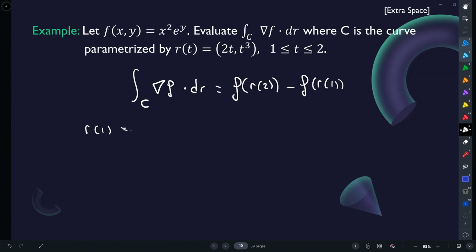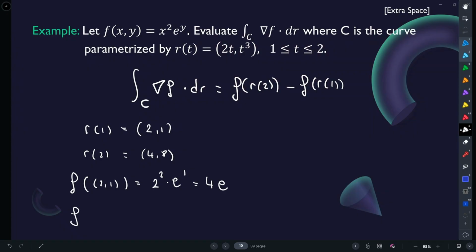We start at the point (2, 1), and we end at the point (4, 8), right? F evaluated at (2, 1), if you plug in, is 2 squared times e to the 1, so that is 4e.